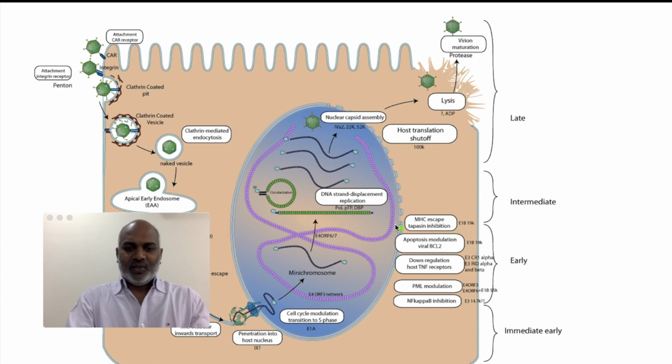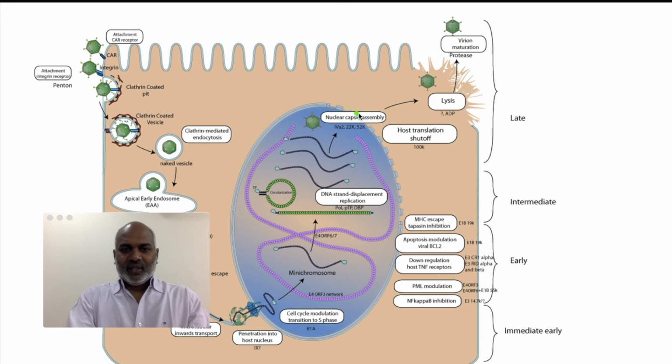Then once it is over, it goes for DNA replication, known as strand displacement replication. During that also it synthesizes intermediate protein molecules through the intermediate gene expression. Then after that there is viral assembly inside the nucleus.